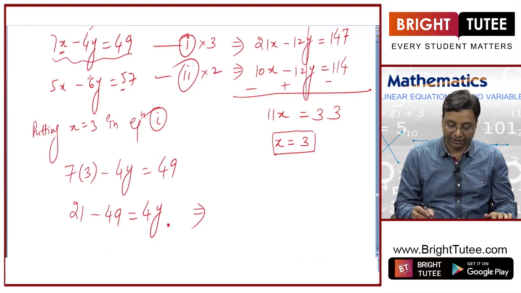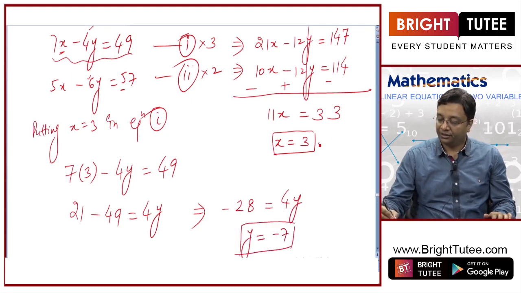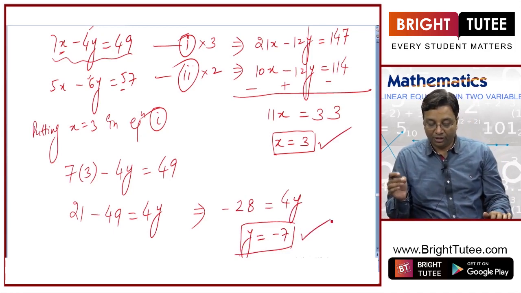Now it will give me negative 28, and it is equal to 4y. So y is equal to negative 7. So this is my answer. x is equal to 3, y is equal to minus 7.